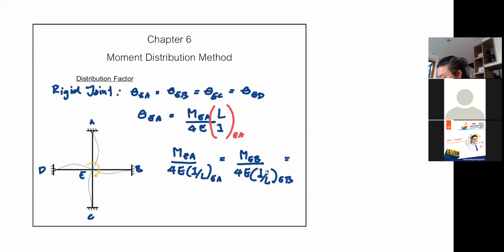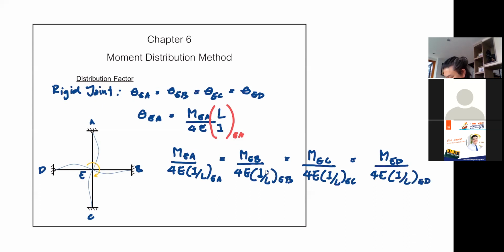And I can go on with MEC over 4E, I over L of member EC. And for the last one, let's complete it, MED over 4E, I over L of member ED.